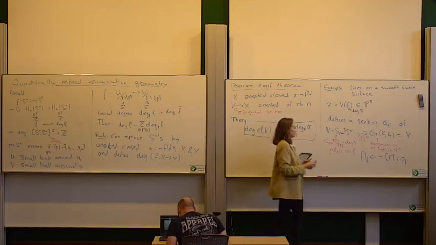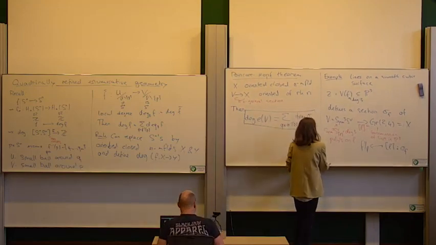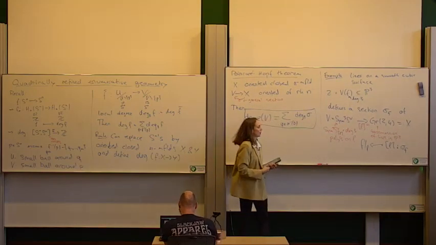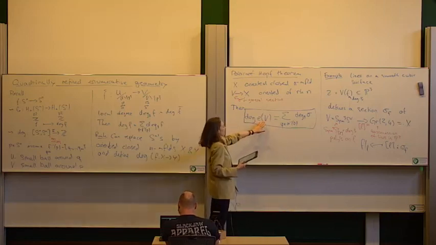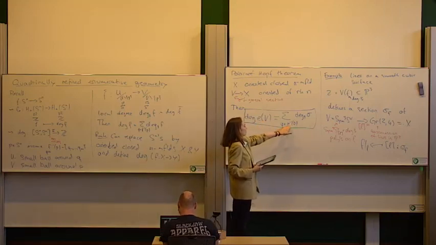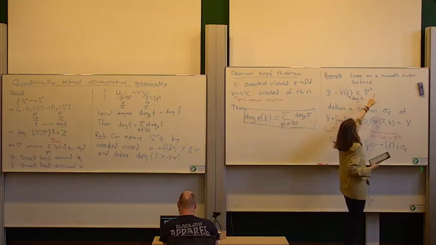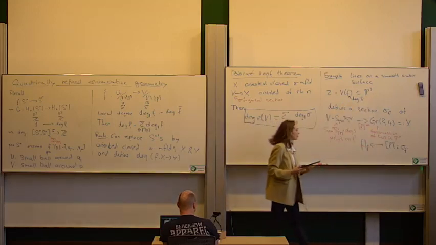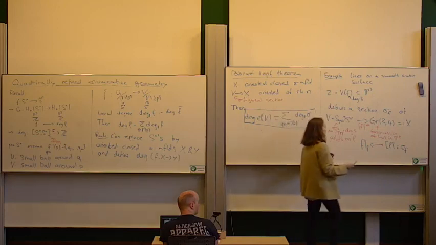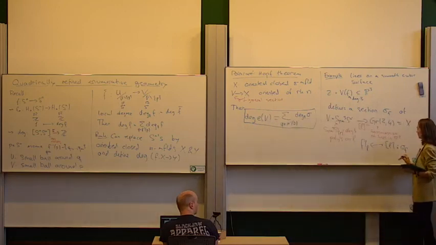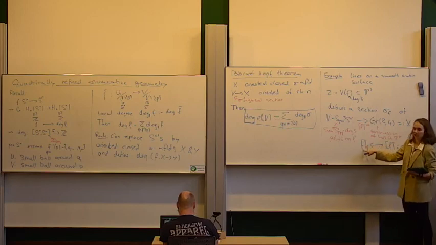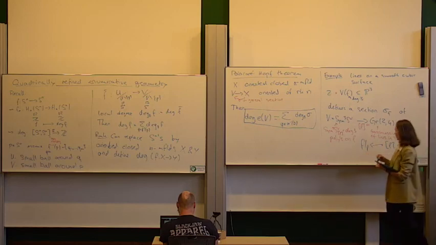So why am I doing this? Now this Poincare-Hopf theorem says something about the zeros of a general section. And I claim that if I take a smooth cubic surface, then this is general. So now, what are the zeros here? The zeros are the lines where f restricted to the line is 0. So the zeros are exactly the lines that lie on my cubic surface.